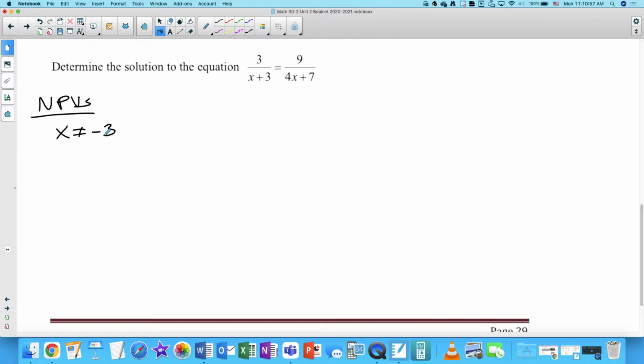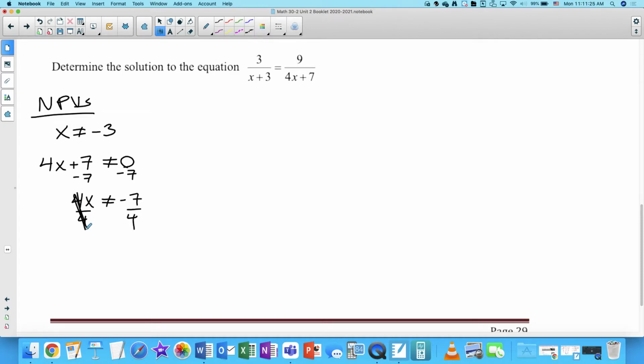If you can't, remember that you can set the entire factor not equal to 0 and then solve for x. So the first thing I would do here is subtract 7 from both sides, and I get 4x cannot equal -7, and then divide by 4. And we get x cannot equal -7 over 4. So those are my two non-permissibles.